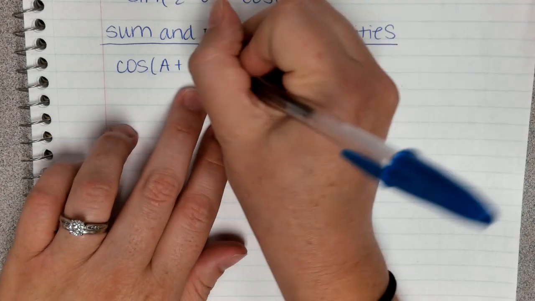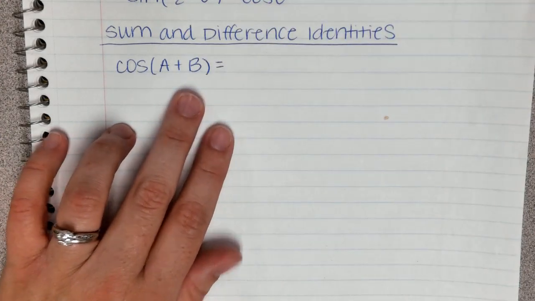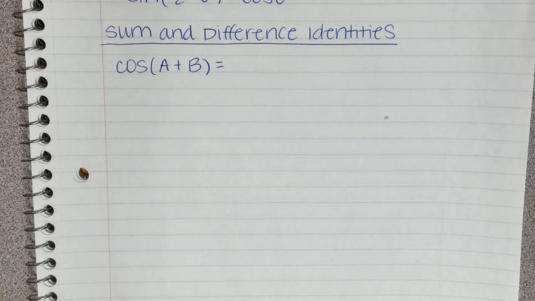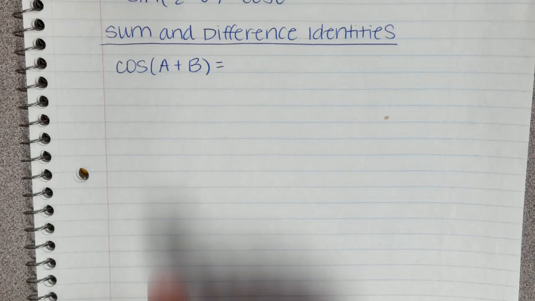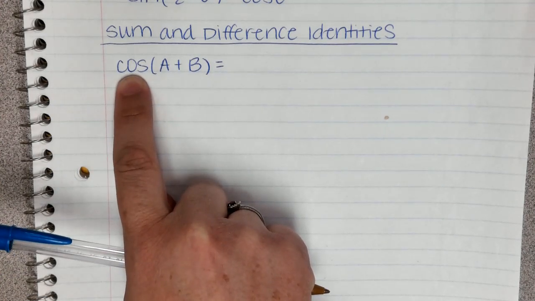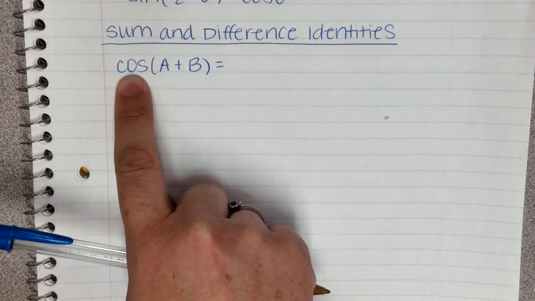Okay, so we're going to expand this out. Most common mistake is people just think I can distribute the cosine. Oh, well, that must be equal to the cosine of A plus the cosine of B. That is not true at all. This is not a number that can just be distributed. It's a function, and so it doesn't work like that.